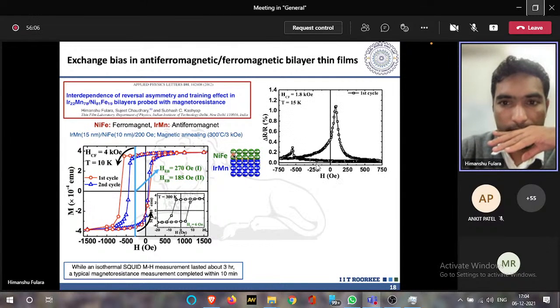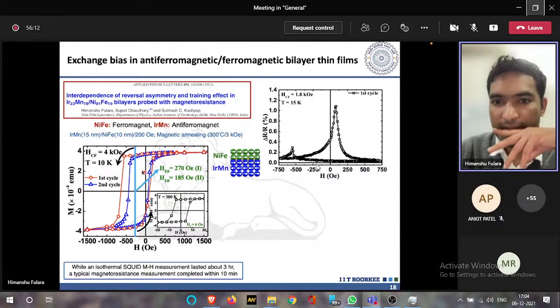And we can also see this effect in terms of the magnetoresistance response. You see for this exchange bias system, these two peaks are not symmetric. Otherwise, if you record the magnetoresistance response for any ferromagnetic layer, it is very symmetric. This is not symmetric because of this exchange bias effect.